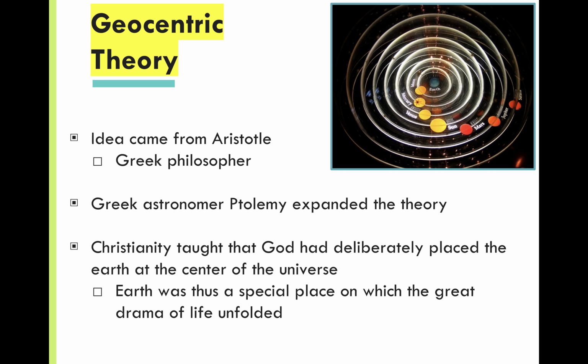So this idea, however, is going to come from Aristotle. And it's very important that you guys know his name. Aristotle, Earth at the center of the universe here. He is going to come up with this idea, but then another Greek astronomer, Ptolemy, is going to expand on that theory.